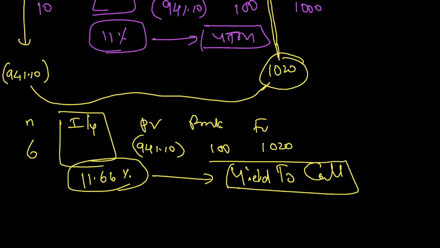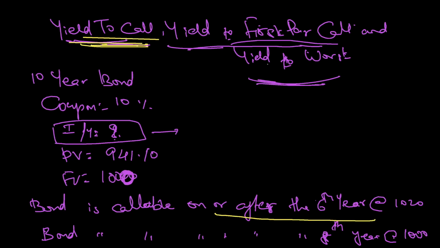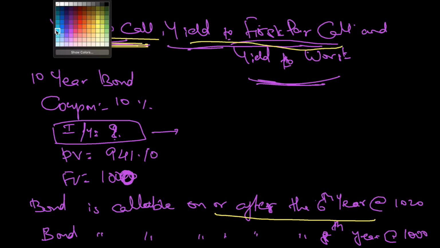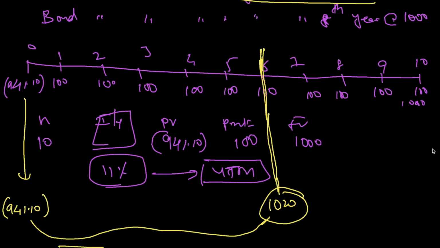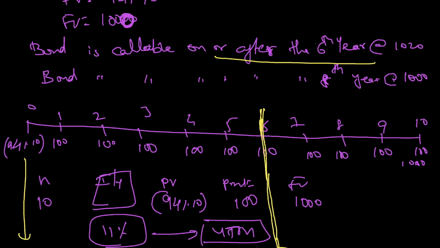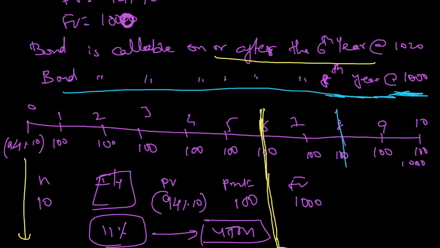Okay, next one is yield to first par call. So first par call, when will it be called at the par value first time? So it will be called at the par value first time on or after the 8th year. So 8th year is coming here.